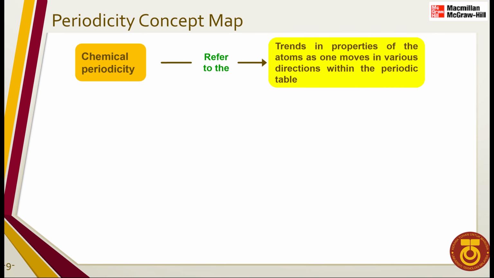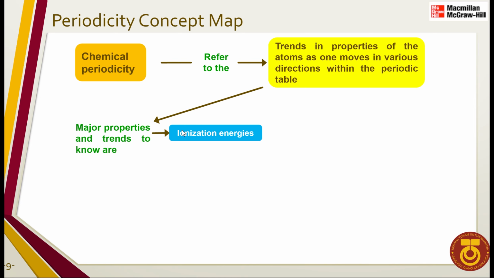Next is the periodicity concept map. So what is chemical periodicity? It actually refers to the trends in properties of the atoms as one moves in various directions within the periodic table, because the elements in the periodic table are arranged in such a way that it is sequential, based on the properties, right? So what major properties and trends need to be known?